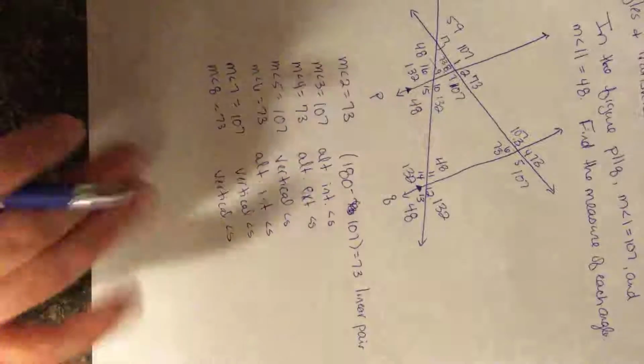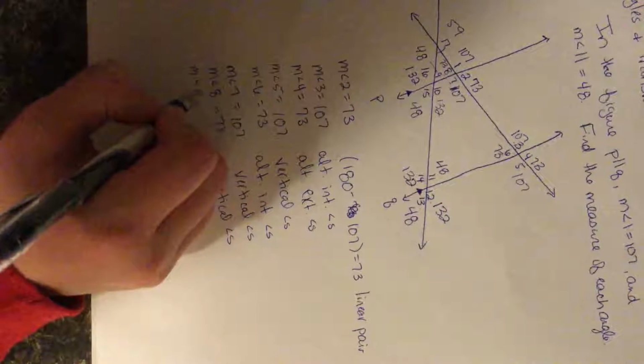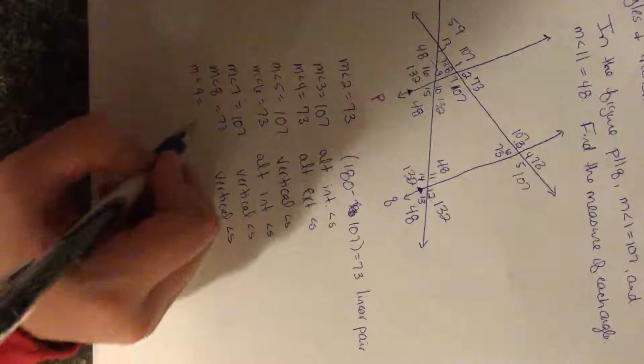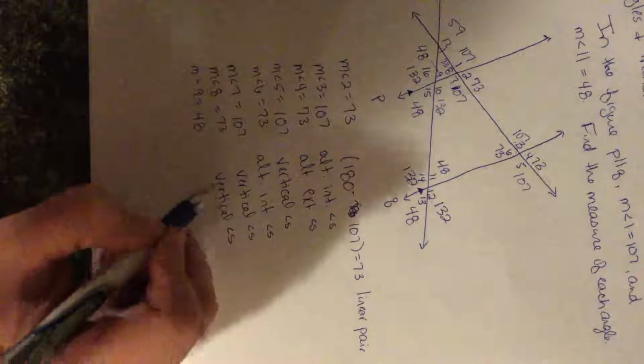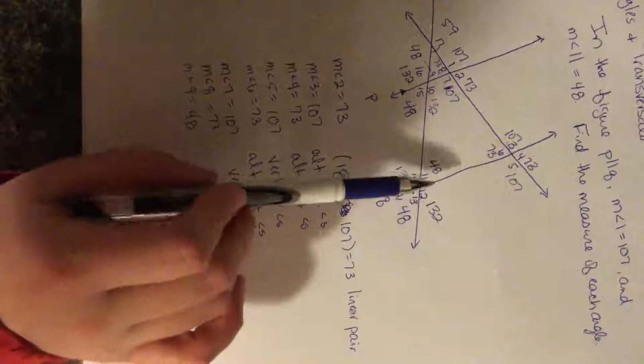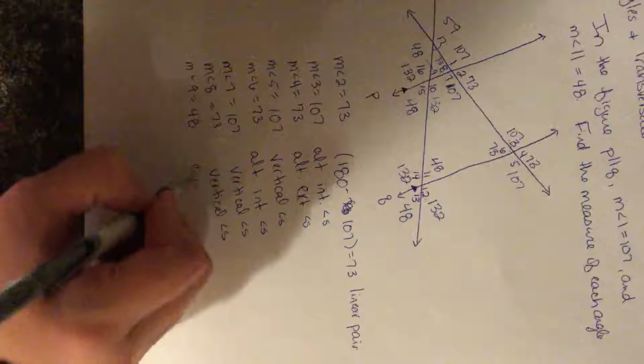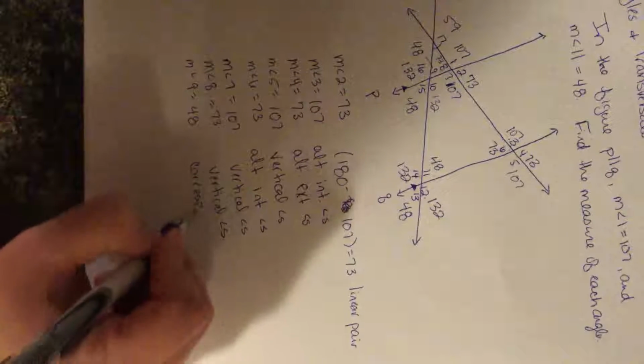Measure of angle 9, since I'm listing them in order, I'll just keep going in order. Measure of angle 9 is 48. Originally it gave you the measure of angle 11 was 48, and 9 and 11 correspond, so I'll do corresponding angles for this one since we haven't used that one yet.